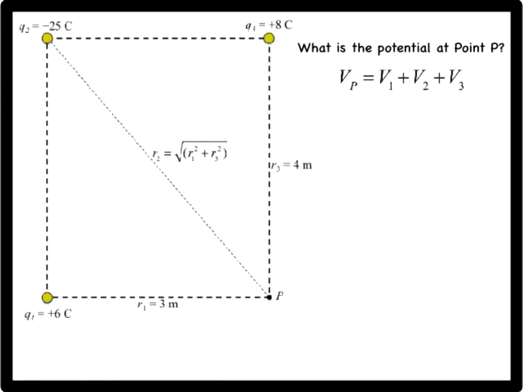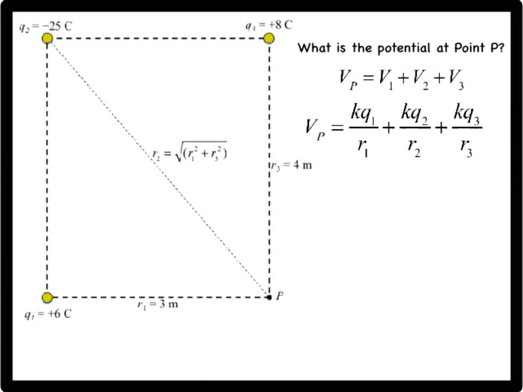Or, V at P will be equal to V1 at P plus V2 at P plus V3 at P. Since each of the individual potentials is due to a point charge, we can write each term as kq over r. Thus, V1 is equal to kq1 over r1, V2 is kq2 over r2, and V3 is kq3 over r3. The distances r1, r2, and r3 represent the distance from each of the charges to point P.